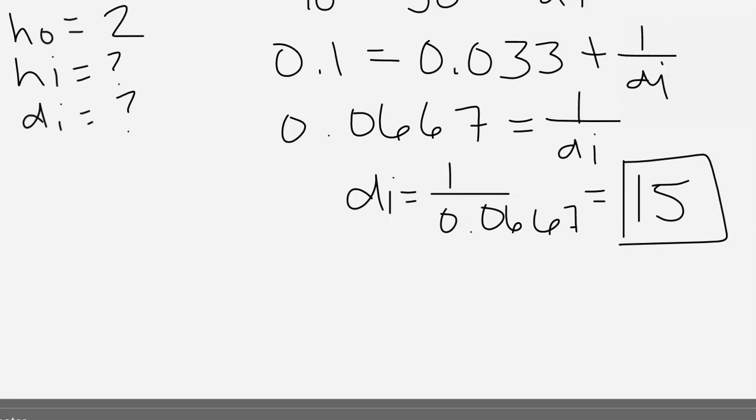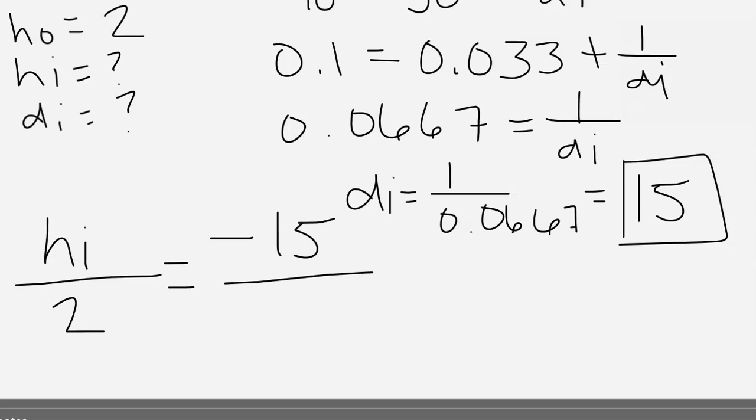Now let's do our magnification equation where we're going to solve for HI. HI over HO, which was 2, is equal to negative DI over DO, which was 30. So 15 divided by 30 is 0.5, times 2 is 1, but negative 1.